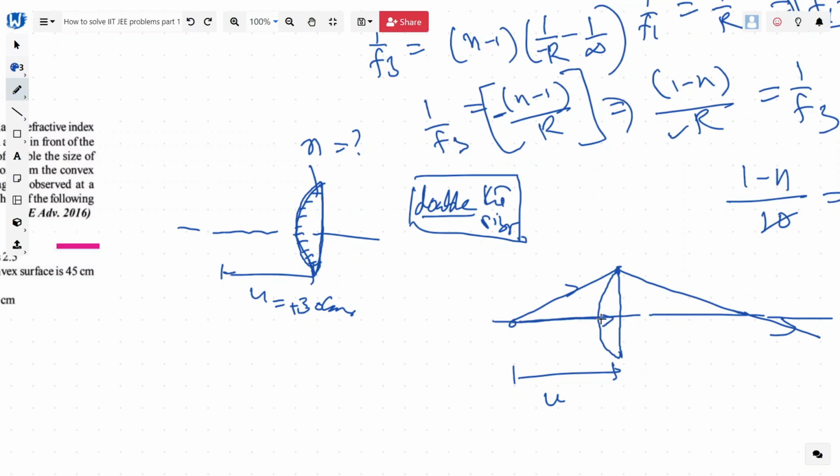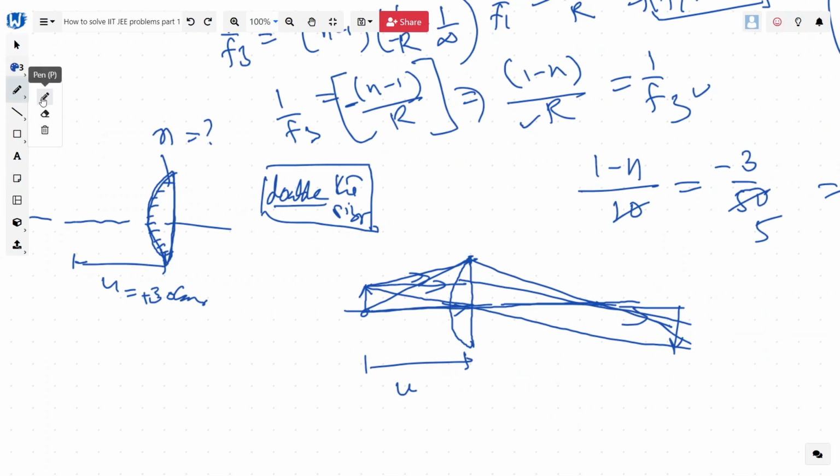Second one will go from here, center, and now we have the object over here, right? We go like this, and then a parallel ray we go like this, cut at the focus, and wherever these two will cut, that is where the image will be formed.